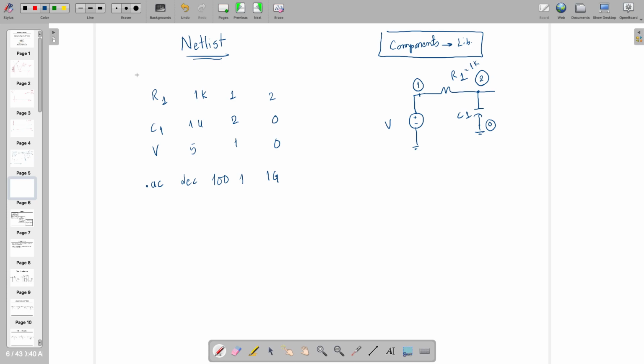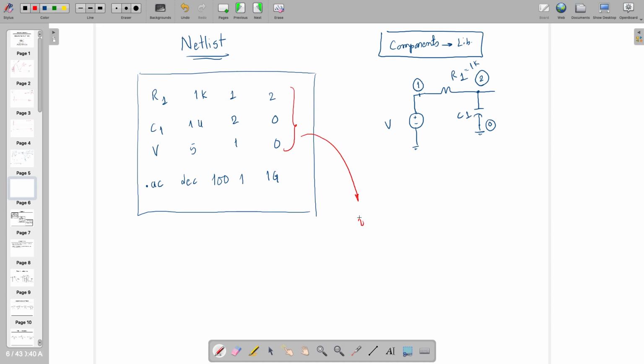The only thing is, resistor, capacitor, voltage, all these are considered part of an ideal library. Till the ideal library, there is no problem. The problem occurs when you want to add, let's say, a BJT, because a BJT has to come from some specific make, some number with N or something.